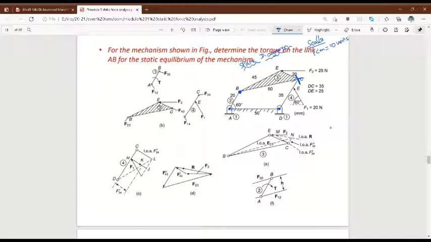So we got point C. Now connect A, B, C and D.